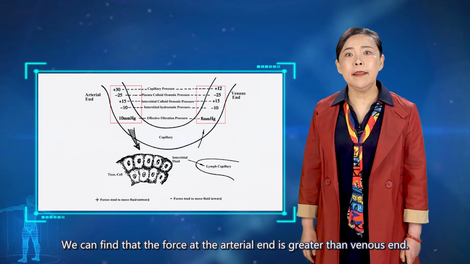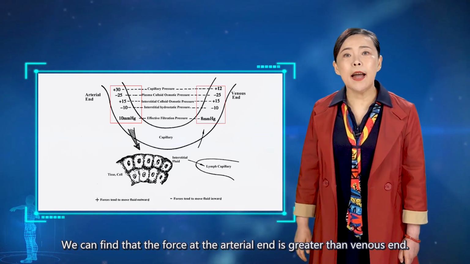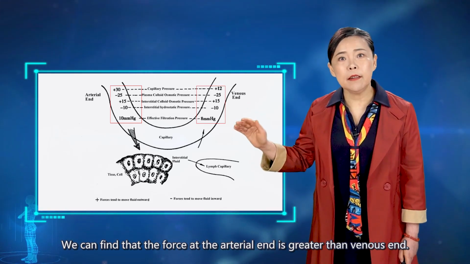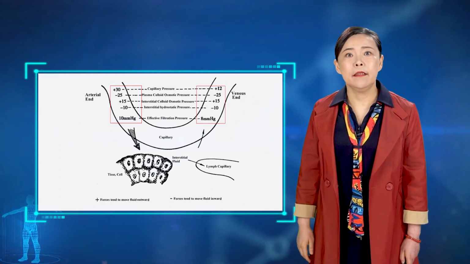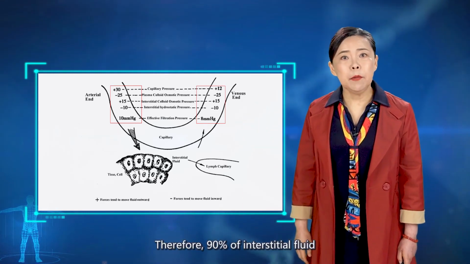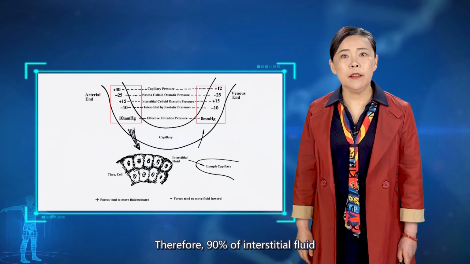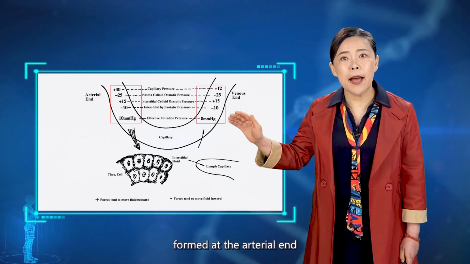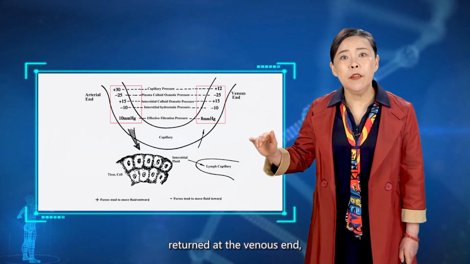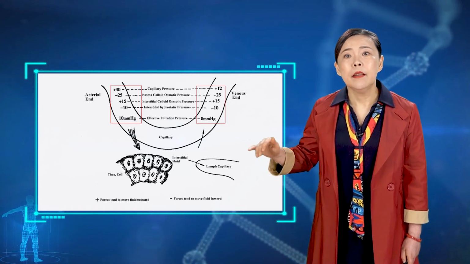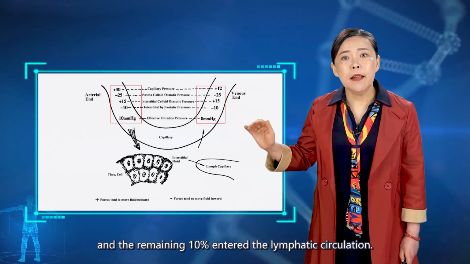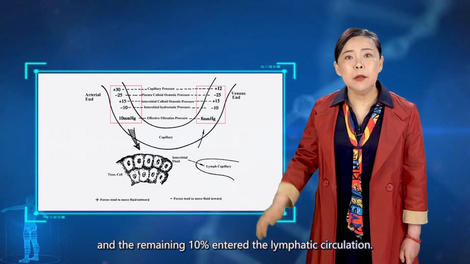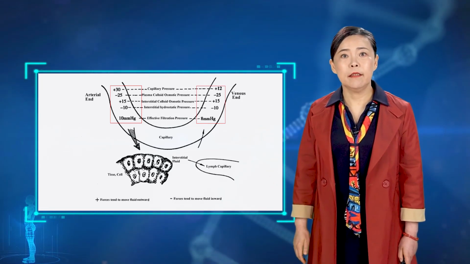We can find that the force at the arterial end is greater than venous end. Therefore, 90% of interstitial fluid formed at the arterial end returned to the venous end, and remaining 10% entered the lymphatic circulation.